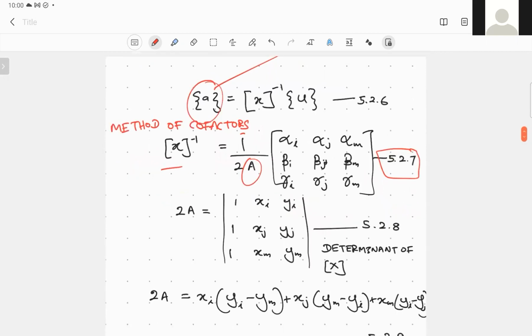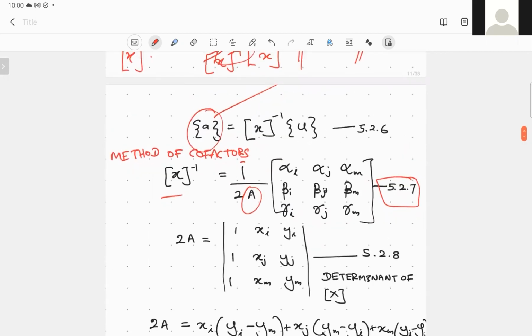When we define the inverse of the matrix using the area and these terms alpha, beta, and gamma, which correspond to the i, j, and m nodes, we already know this value, the area, of course, can be obtained.